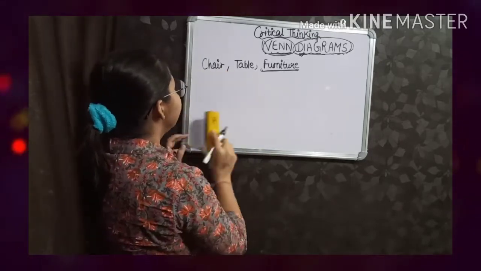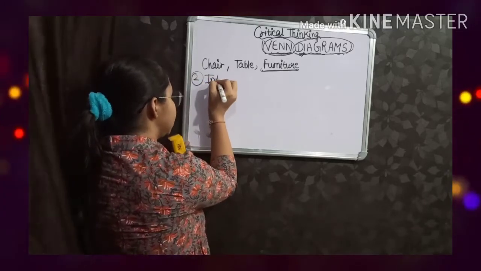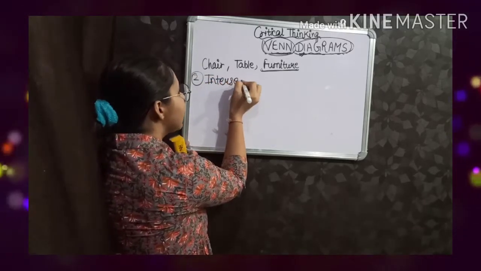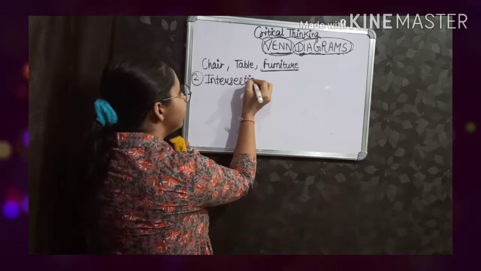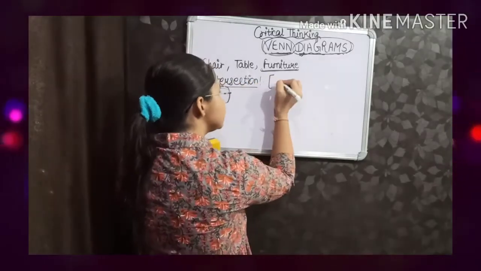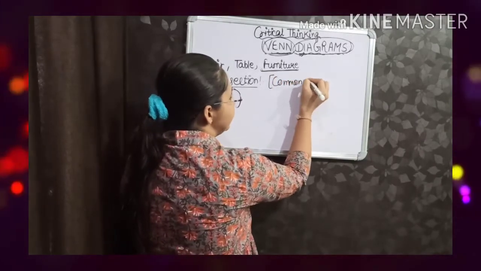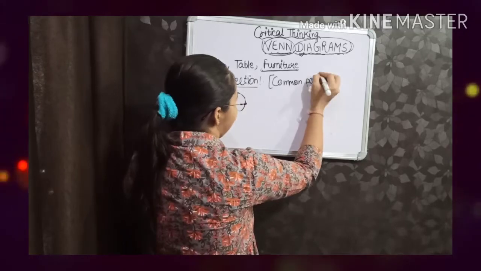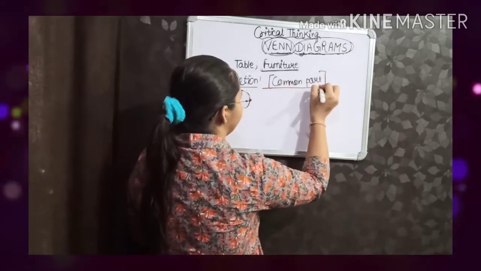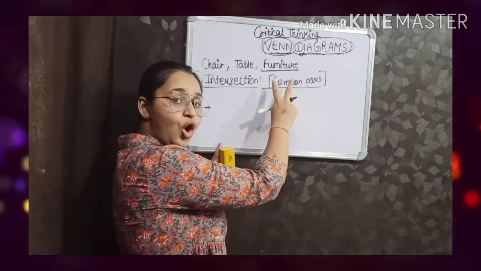Now the second part is intersection. Intersection means common part. First we discussed union. Union means combined part or together. Now come to intersection. Intersection means common part.